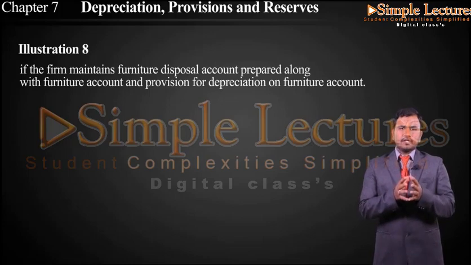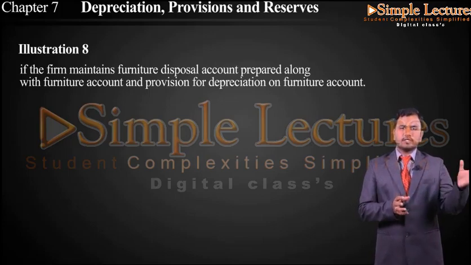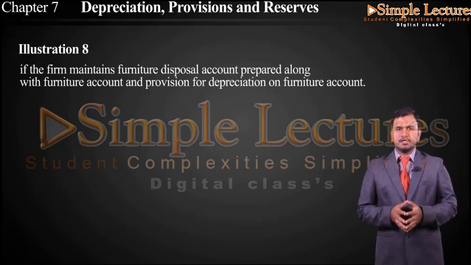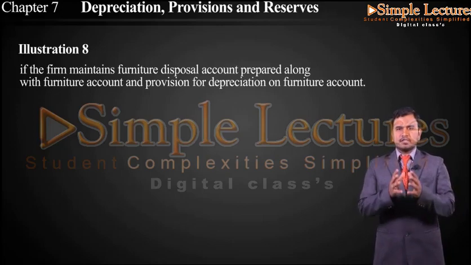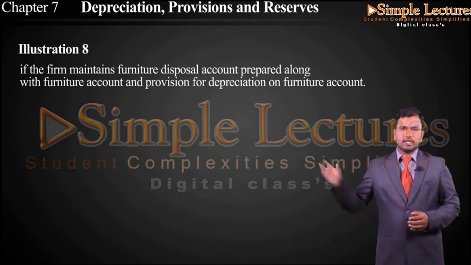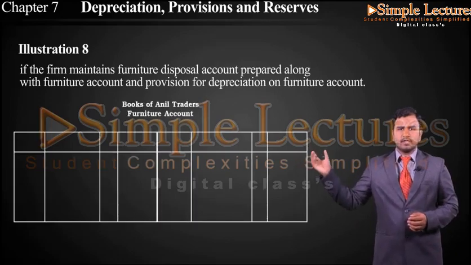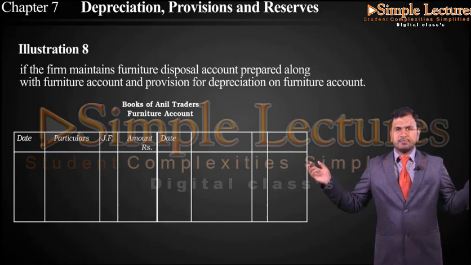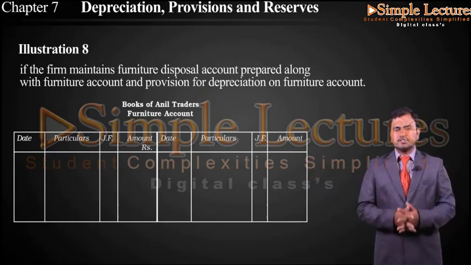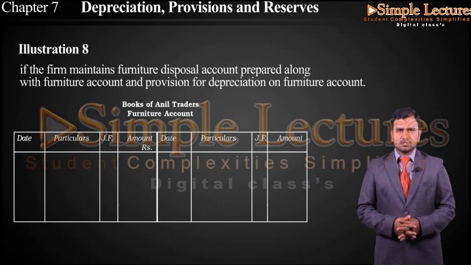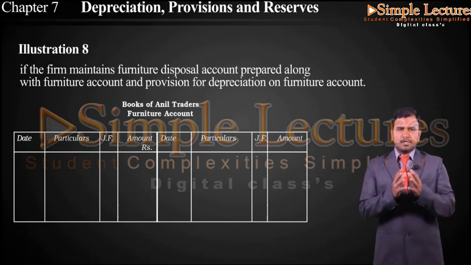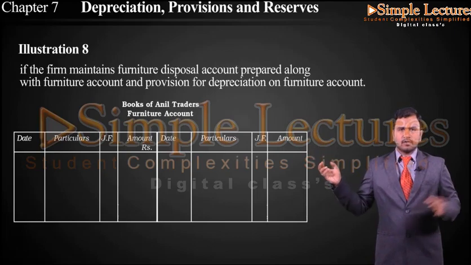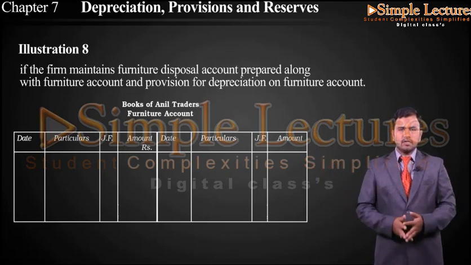We have taken the illustration we just solved. Comparing with that, the asset account will be prepared with the title furniture account, and the format remains the same: date, particulars, amount on both sides. You can add a journal folio amount column also.